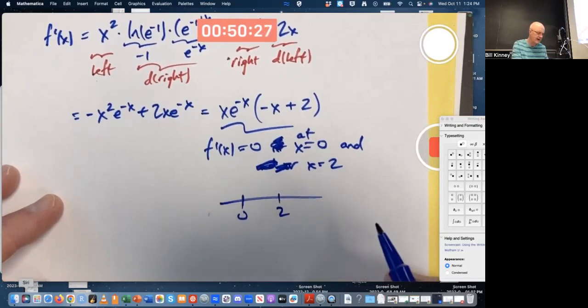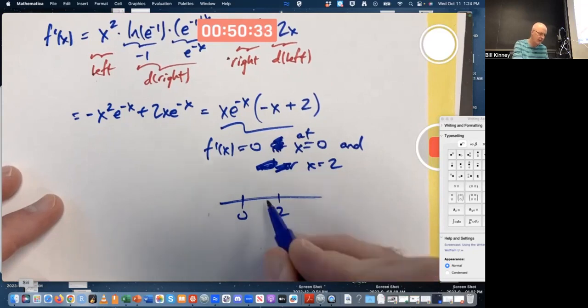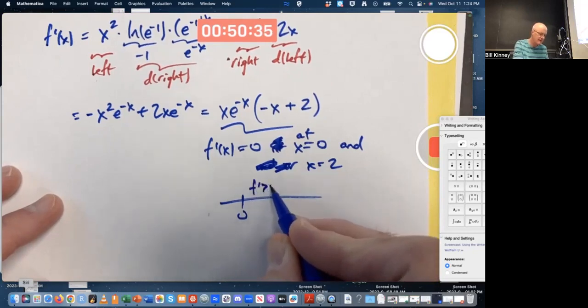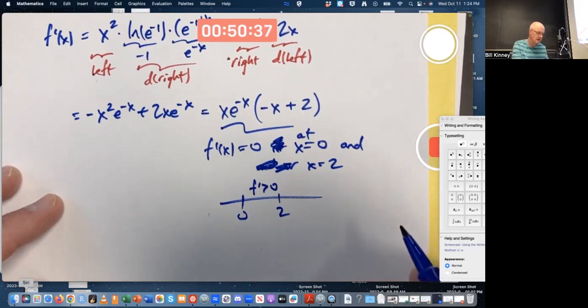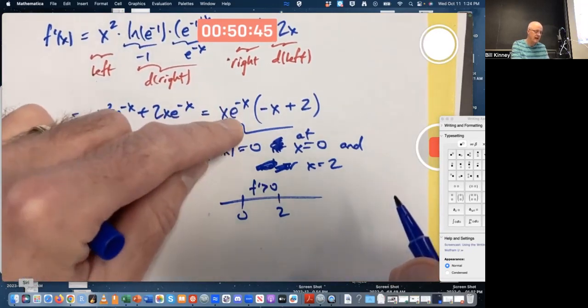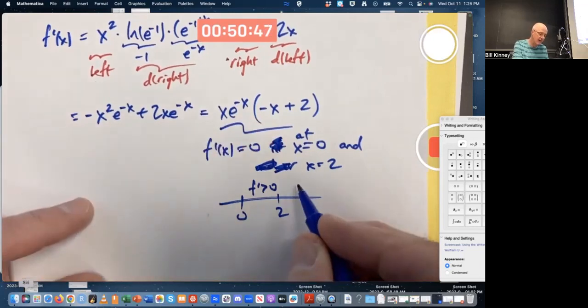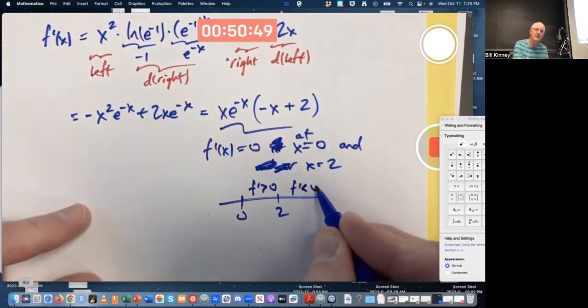And let's see, when x is between 0 and 2, like 1, is it positive or negative? If you plug in x equals 1 into this, you get a positive number. F prime is positive between 0 and 2. And if you plug in a number bigger than 2, like 3 times e to the negative 3 times negative 1, it is negative. F prime is negative over here.